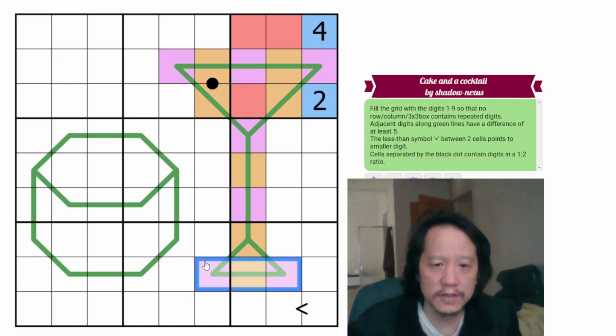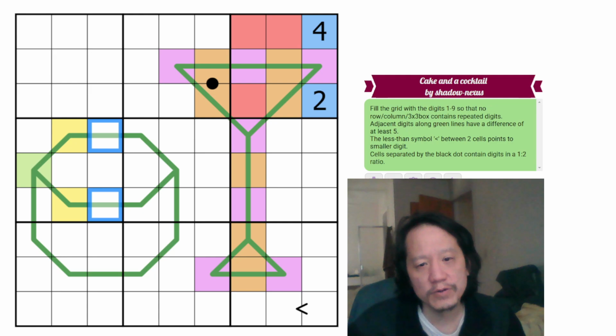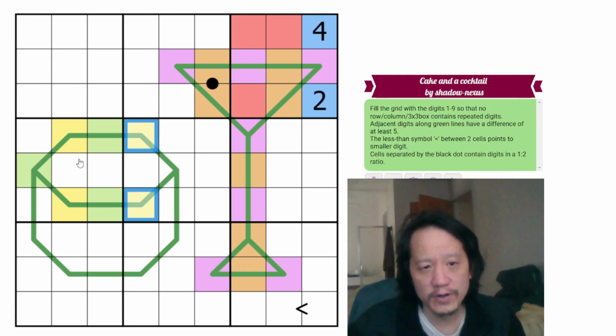Let's see, anything else we have? So these are a different set. So we're going to make them a different set. So this is green. We're going to make these yellow. Therefore, these two must be green, which forces these two to be yellow, because they're adjacent neighbors. So this is green.